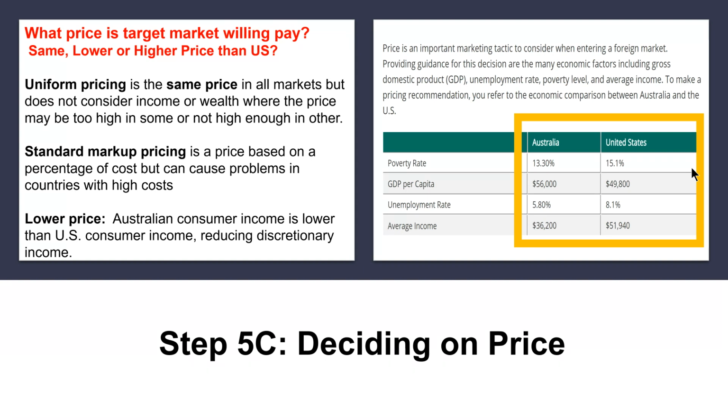So from this example, the uniform pricing would be that you would keep the same pricing in the United States as Australia. The standard markup would be you would put an actual percentage above the actual price that it costs you to make. And then there's the higher or lower price.